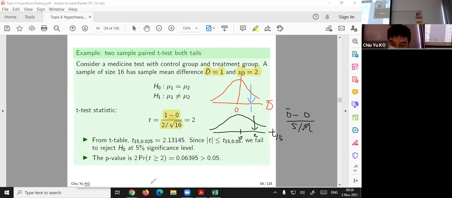You want to check the area, so let me do it quickly here. It's a two-tailed test, so it's 1 minus the T CDF at 2 with 15 degrees of freedom. Remember, this is the area of the red one, and we're doing a two-tailed test, so times 2.